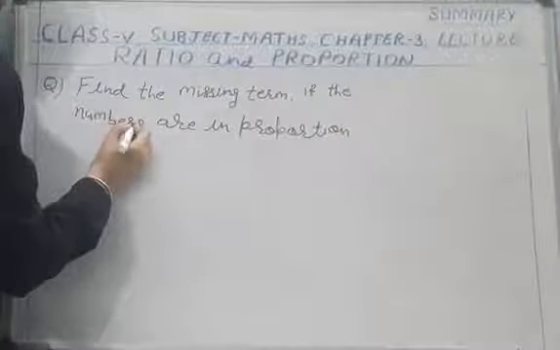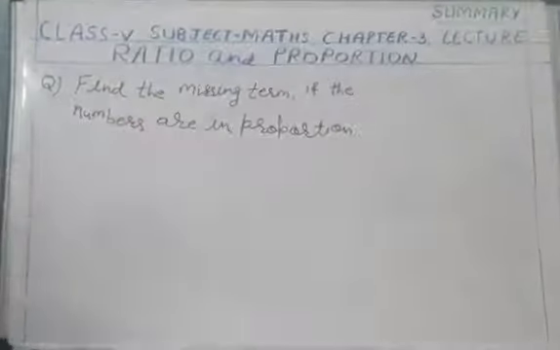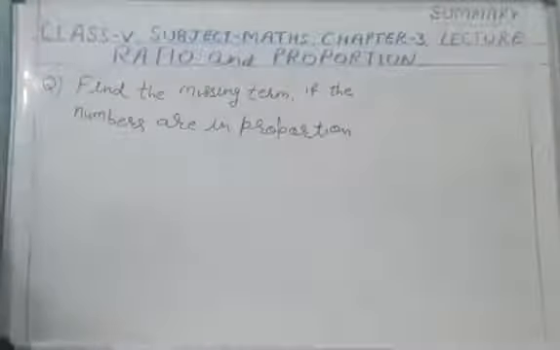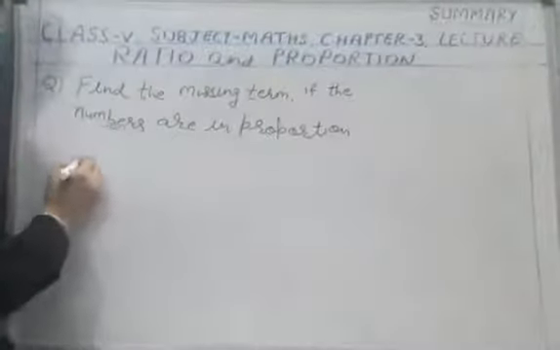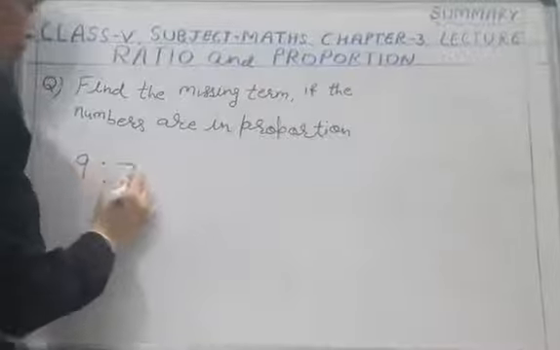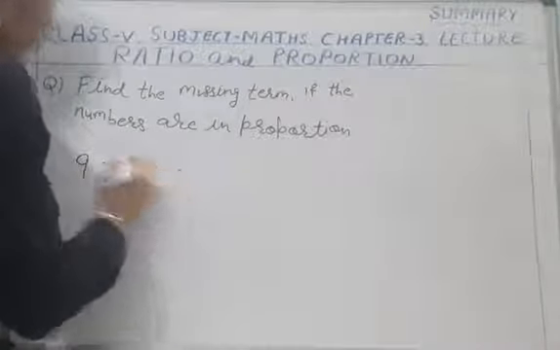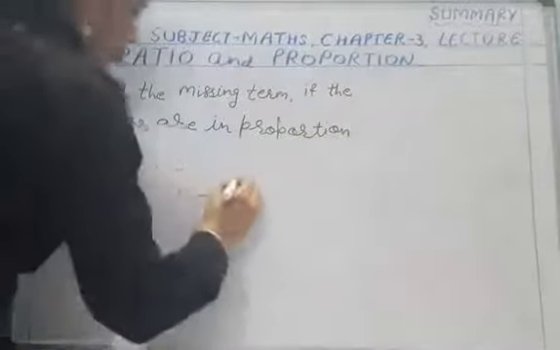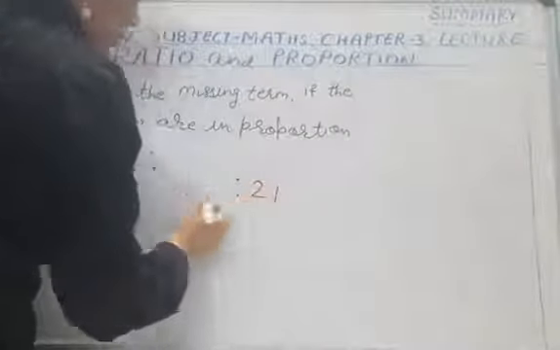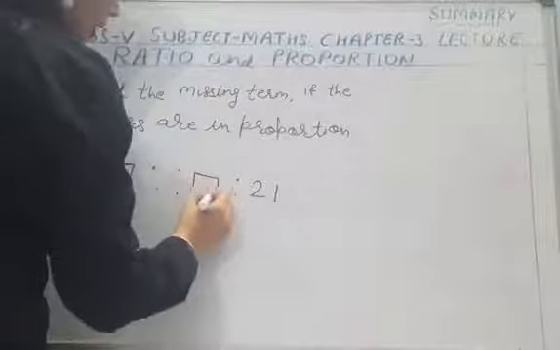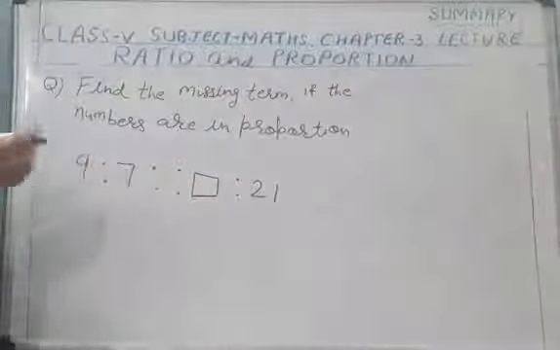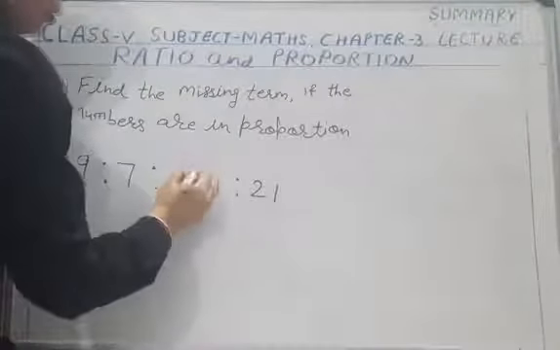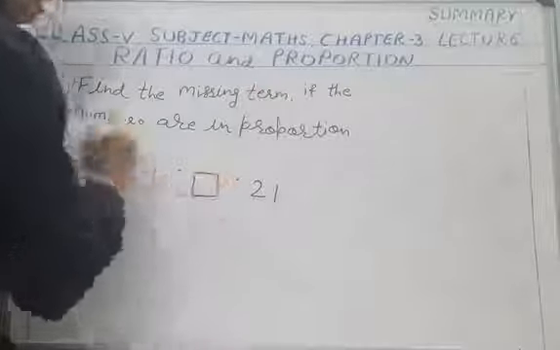Right. Now we have to find out the missing term. Like take this question, 9:7 proportion dash ratio 21. It can be box, it can be A or any alphabet. So we have to find out this missing term.